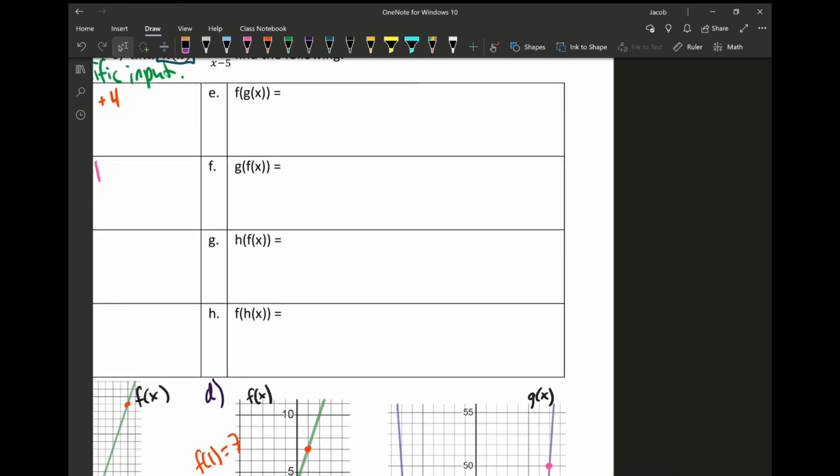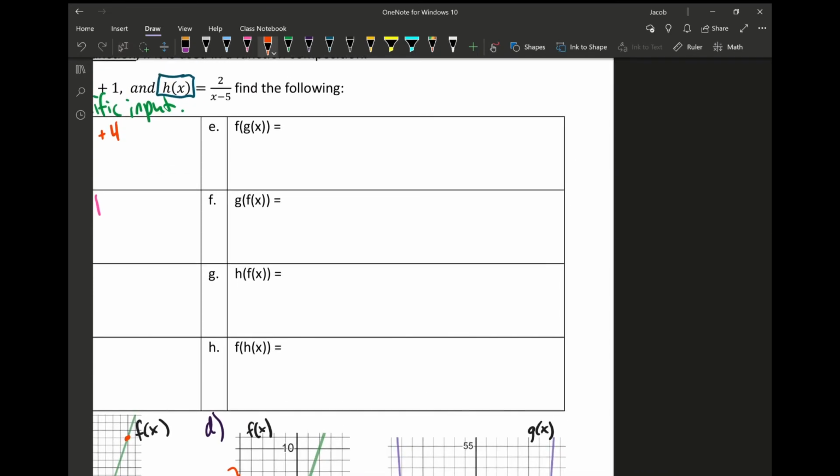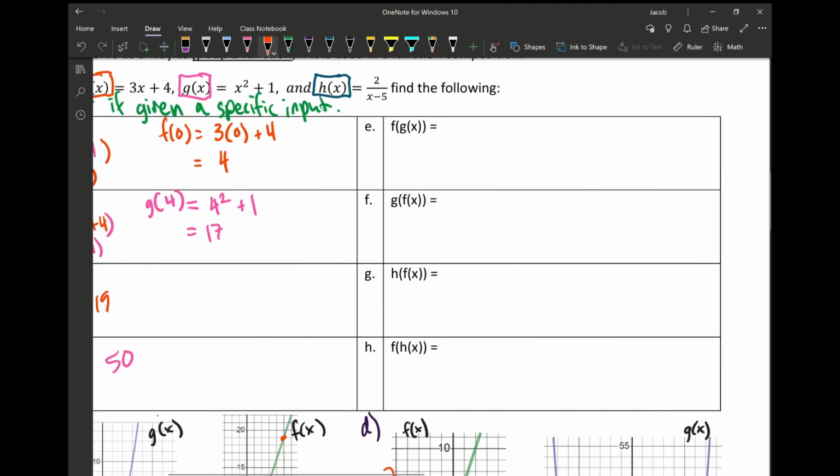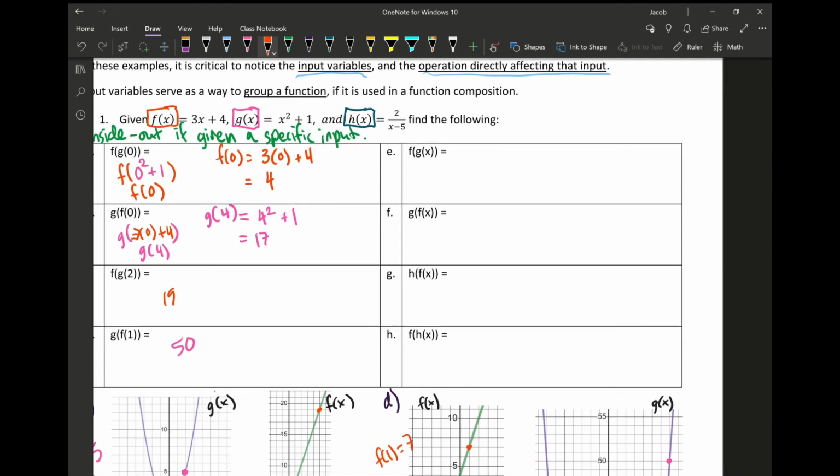On E through H, these are a little bit more abstract because they're generalized. And we will not be working inside out. Instead, we'll just be using the outside function first, and we'll be leaving a gap.